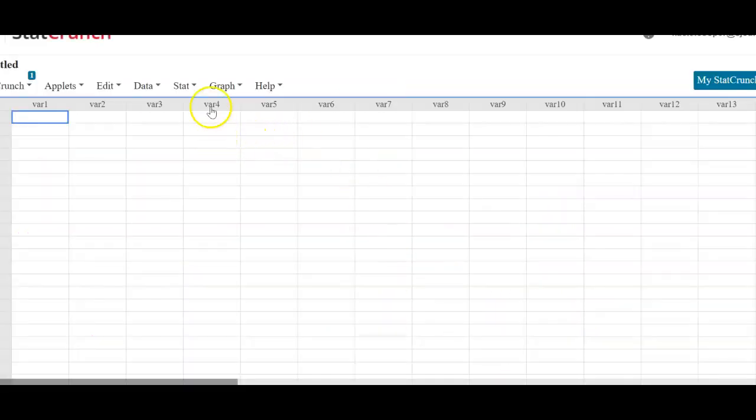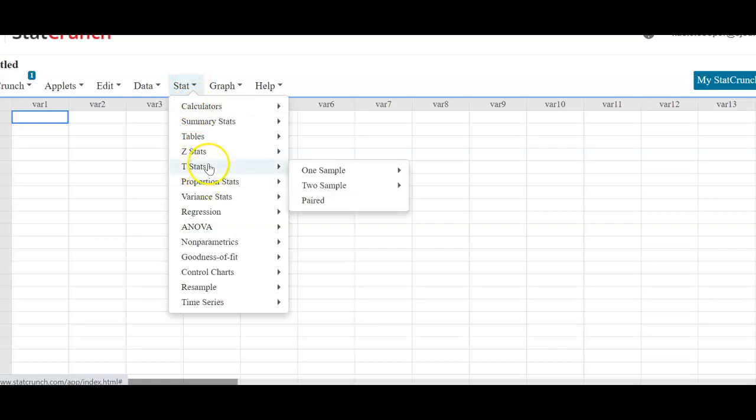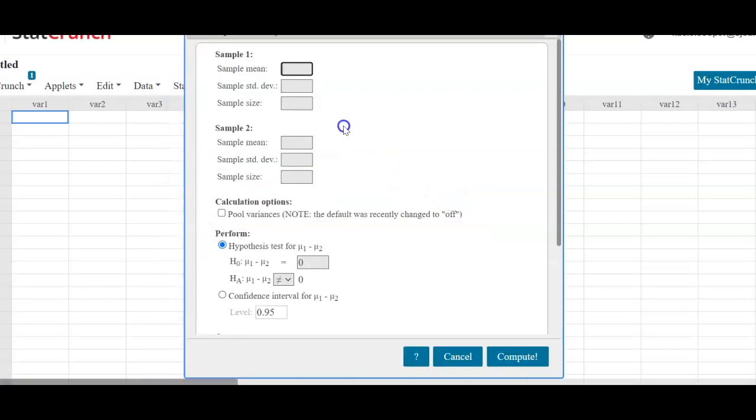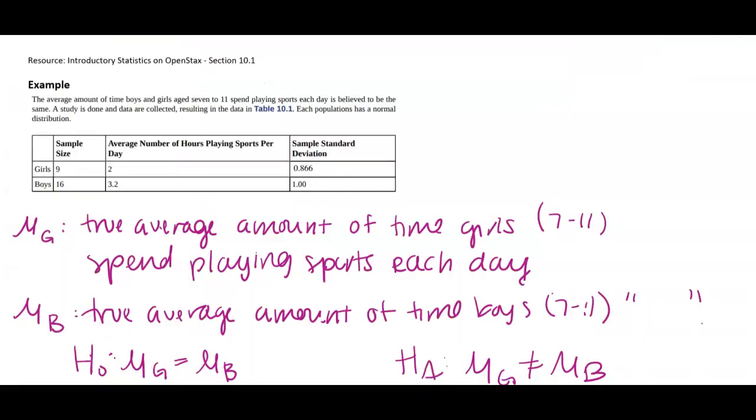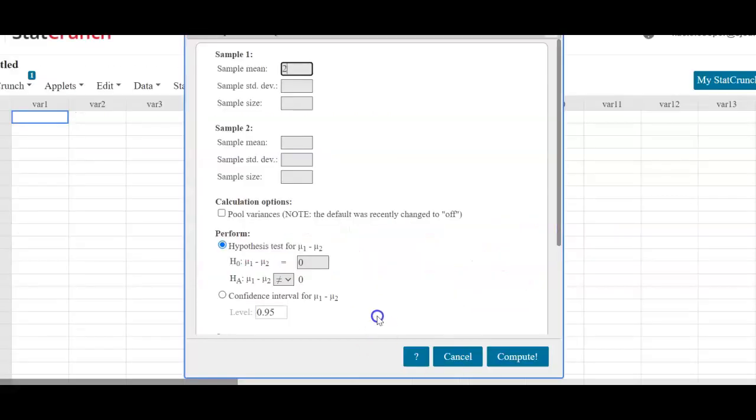So I'm going to go to Stat. I'm going to do t-test, 2 sample, and I'm going to do that with the summary. Sample mean for my first one is 2.866, and I think there were 9, right? Yeah, 9.